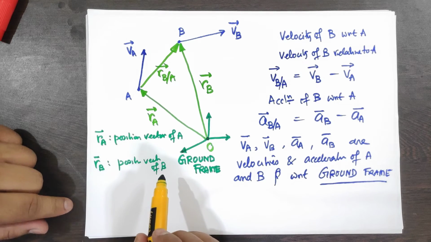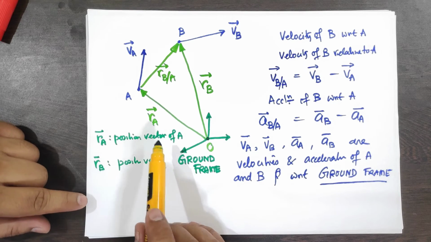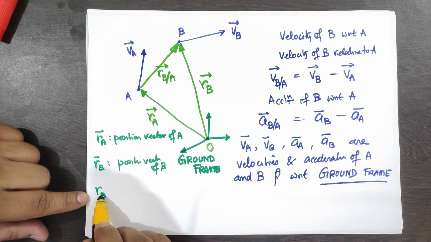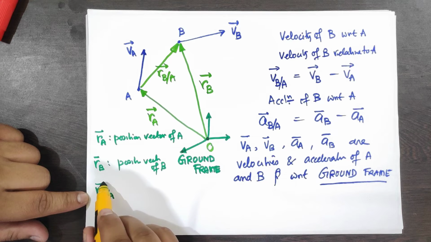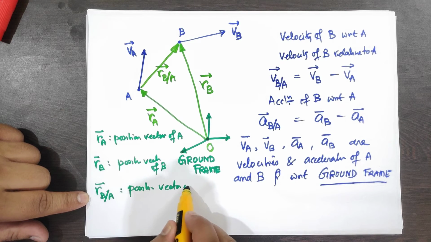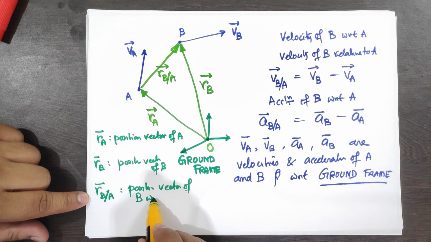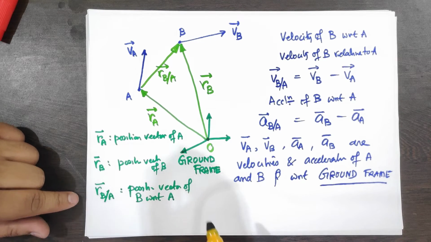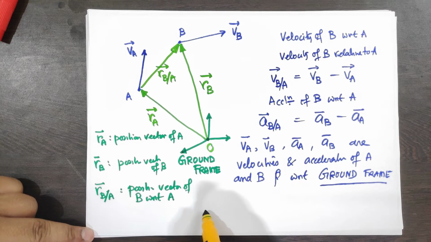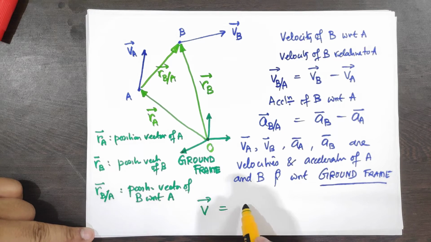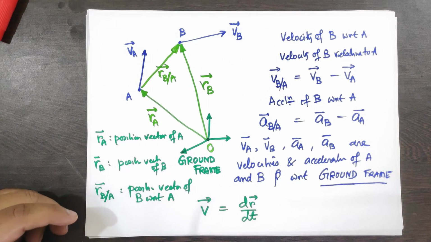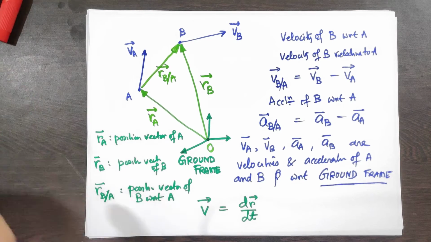So RA, position vector of A with respect to the ground frame, RB also with respect to the ground frame. Now RB with respect to A is the position vector of B with respect to A. Now the velocity is the rate of change of the position vector, dr by dt, that is known to us. Now we'll use that concept.